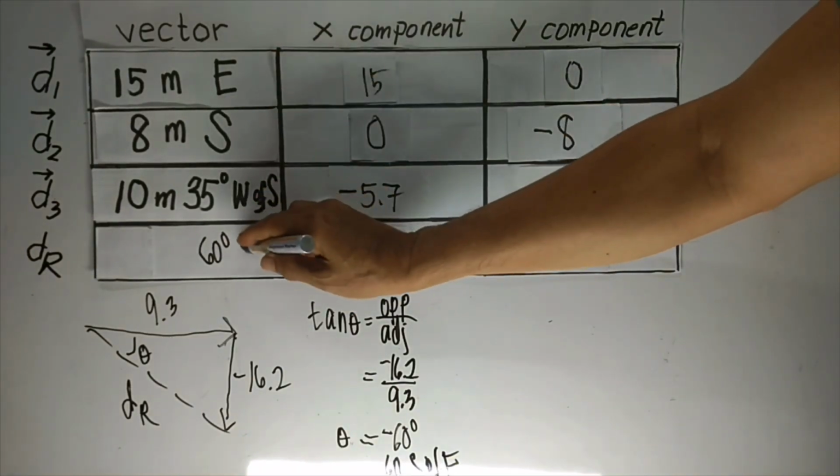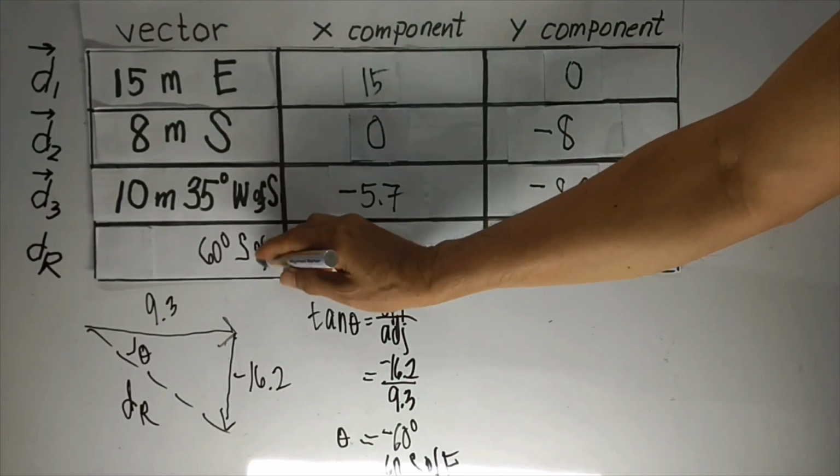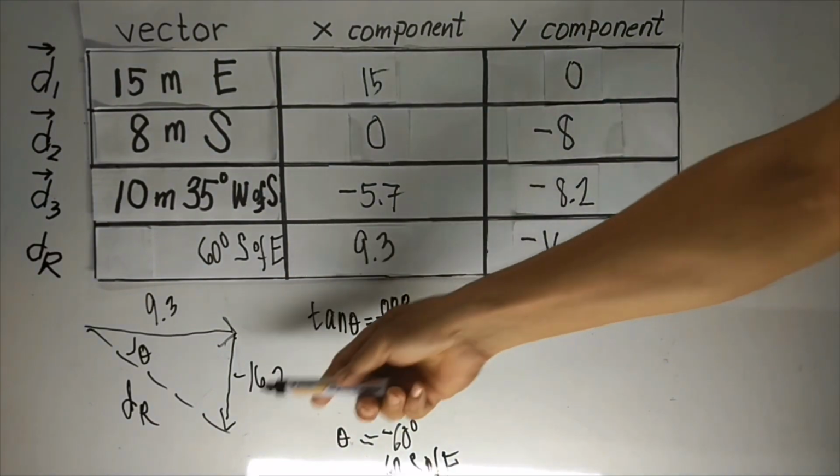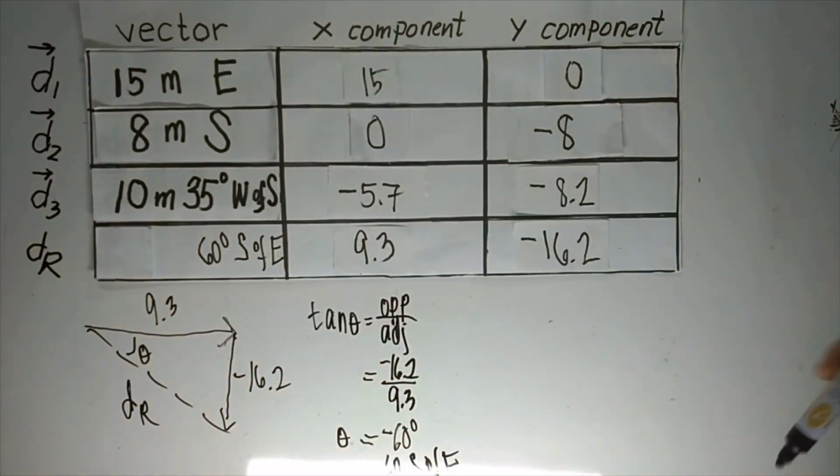degrees south of east. To determine the resultant displacement, we are going to use the Pythagorean Theorem.